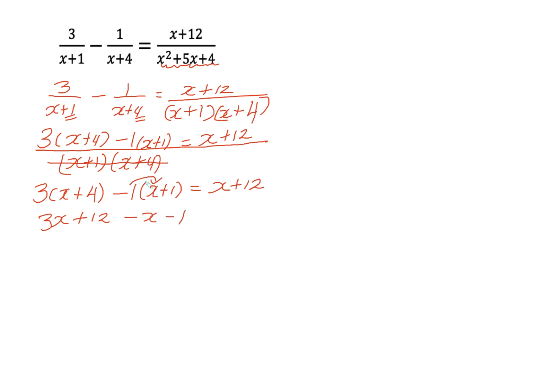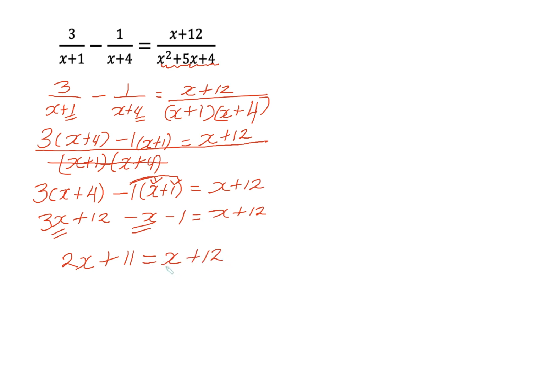Negative 1 times x is negative x, and negative 1 times positive 1 is negative 1, equals x plus 12. Notice on the left I have 4 terms, so I'm going to try to get that down to 2 terms by combining. So I'm combining the 3x with the negative x, so that will be 2x, and then the 12 with the negative 1 would be a positive 11, equals to x plus 12.